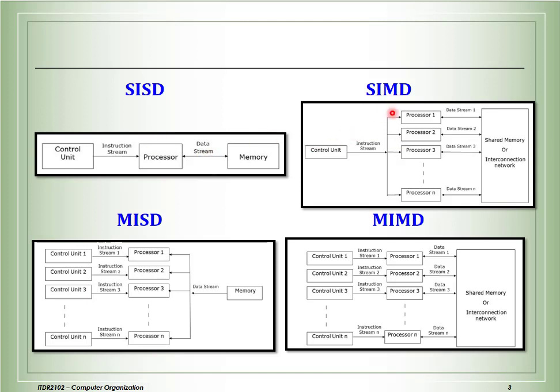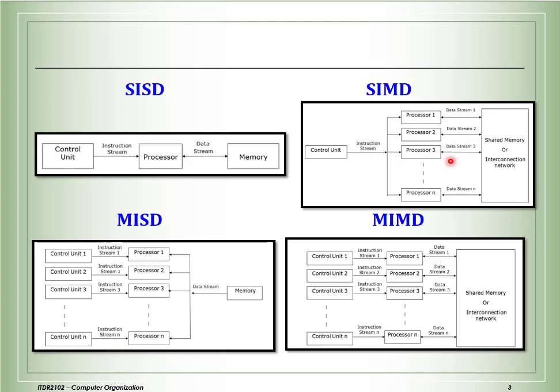Then we have single instruction and multiple data. Here you can see that we have one control unit, multiple processing units, and one shared memory or interconnection network. One instruction is sent from the control unit to the multiple processors, and then different data streams work from the shared memory or interconnection.